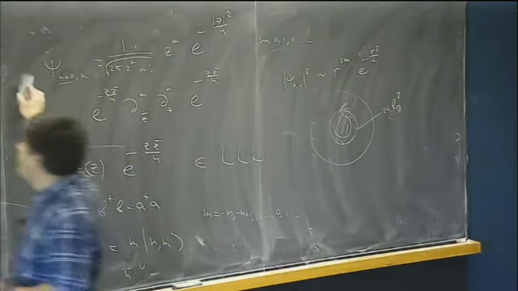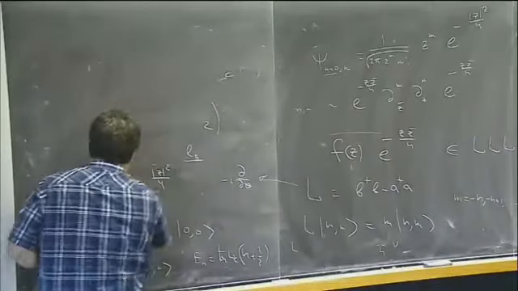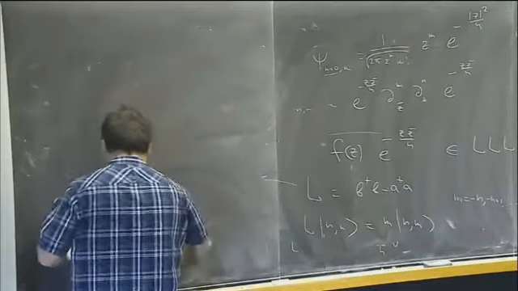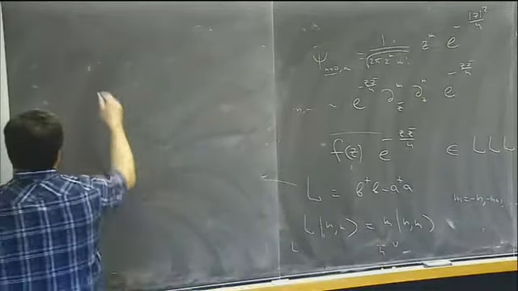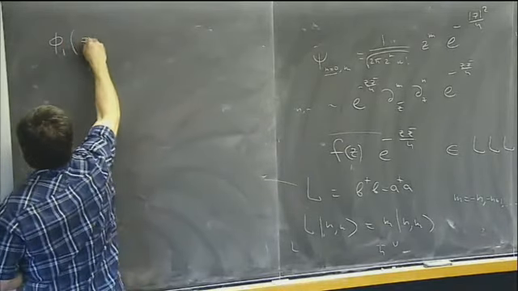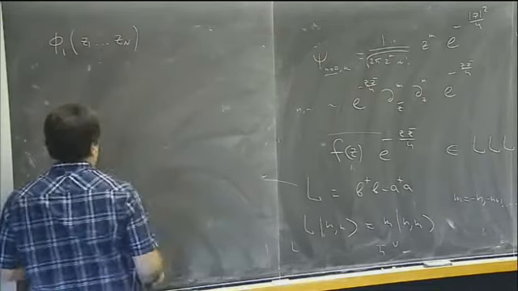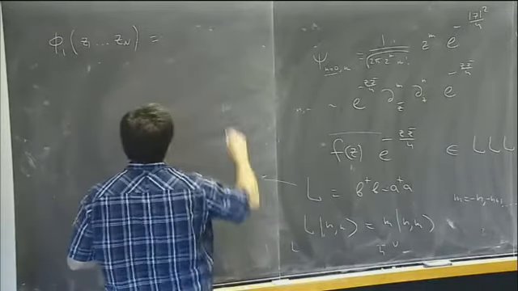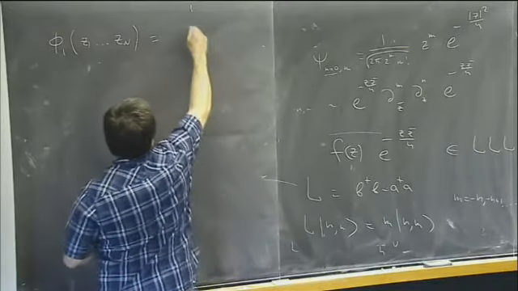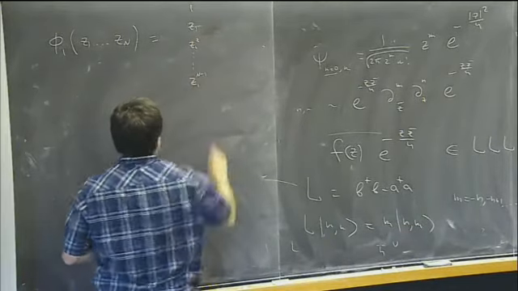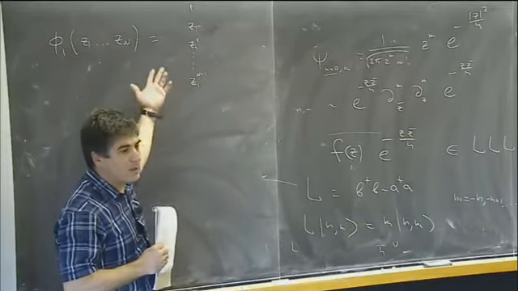So let's try to solve first a many-body problem, but it's not actually many-body. Let's see what the wave function of the completely filled Landau level is. I'm interested in the wave function phi_1 of z_1 through z_n, which is the completely filled Landau level. Let me start with the states 1, z_1, z_1 squared, up to z_1 to the power n minus 1. This would be the total basis of states for one particle.